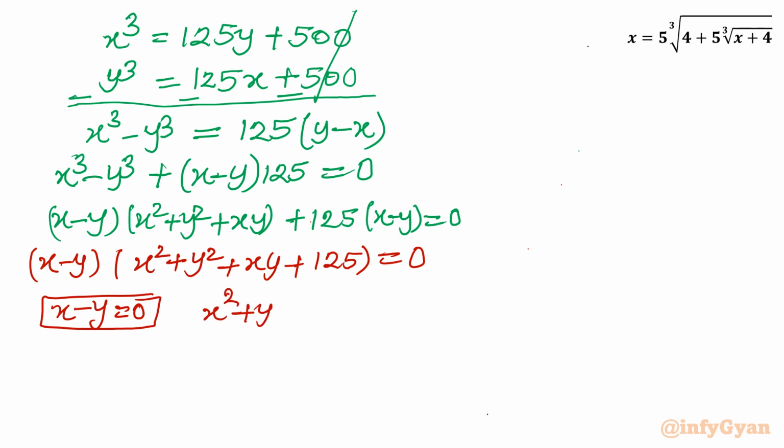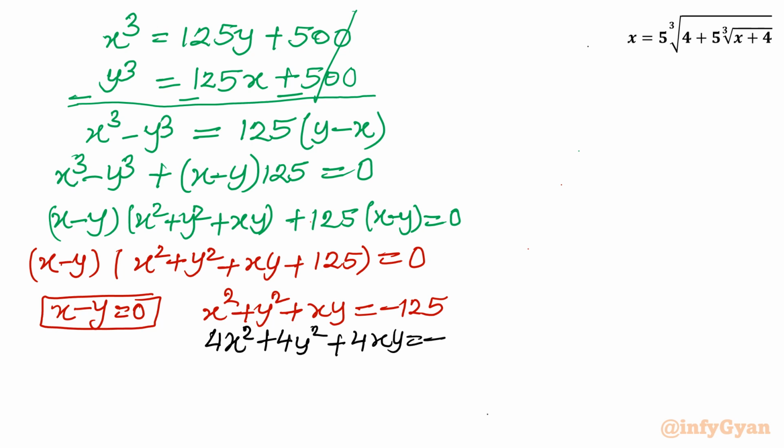That means the second bracket: x square plus y square plus xy equal to minus 125. Now I will multiply both sides with 4. So 4x square plus 4y square plus 4xy equal to minus 500.